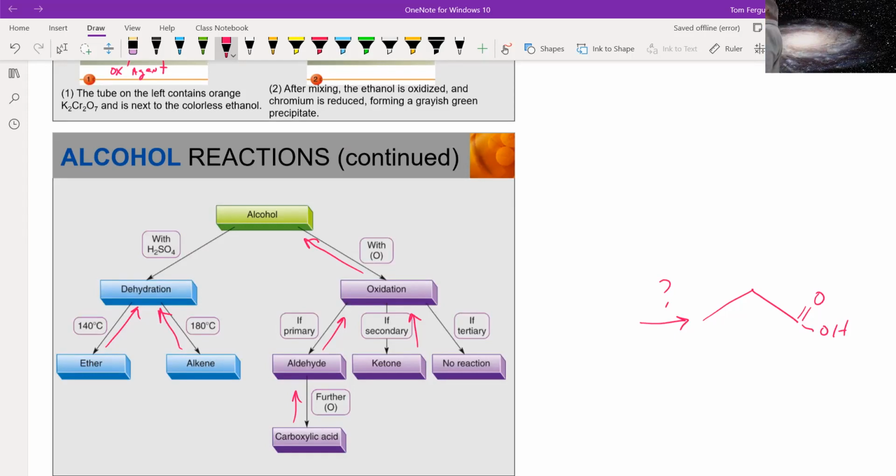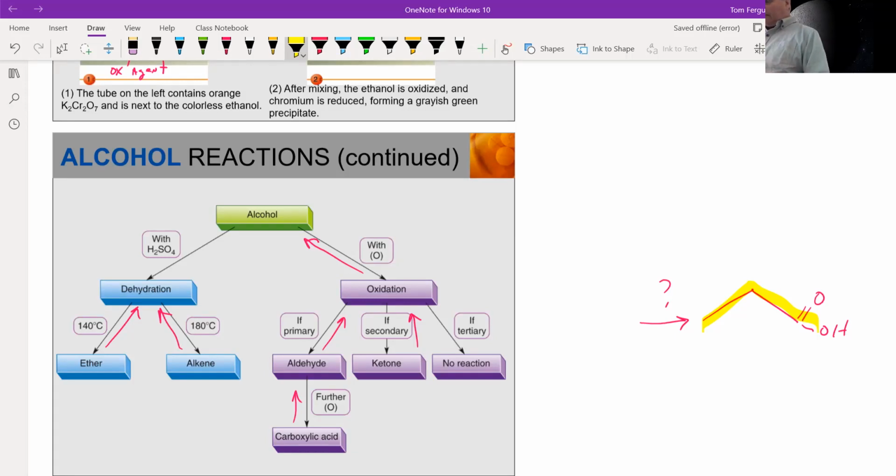Okay, how would you make that acid? Well, let's see here. How long is the backbone? Well, we have 1, 2, 3. 3 carbons long. We want a 3-carbon acid. How do we make that? Well, because I gave you the product and how to make it, we have to use the opposite arrows.